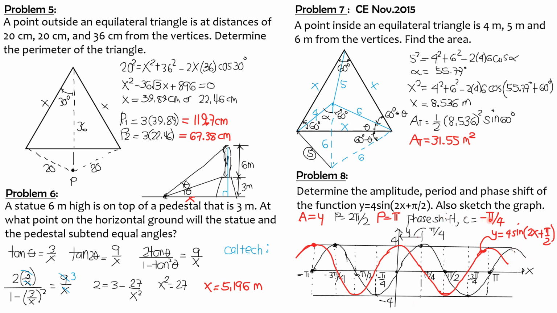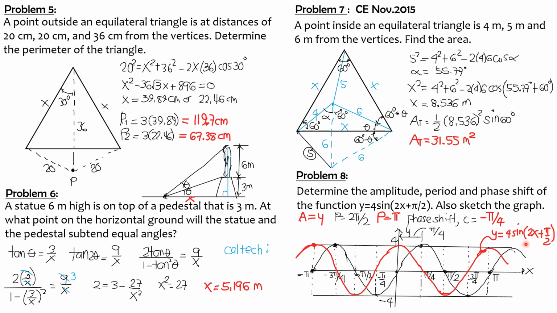Since the phase shift is negative pi over 4, we have to drag this graph, this solid black curve, by pi over 4 to the left to obtain the graph of this required trigonometric function. So after we drag it here, this red solid curve is the graph of y equals 4 sine quantity 2x plus pi over 2.